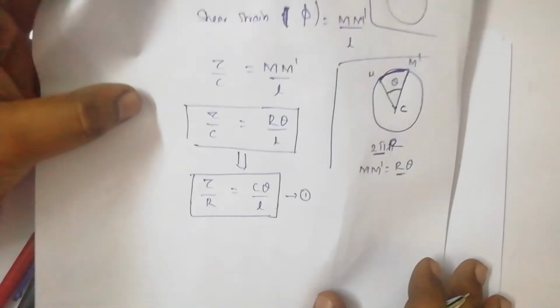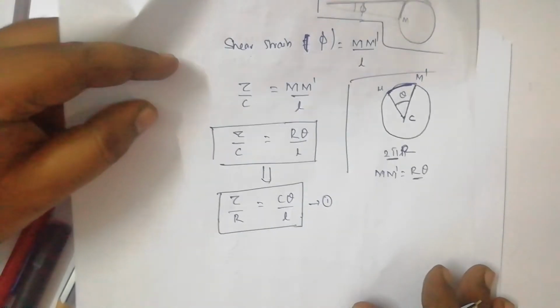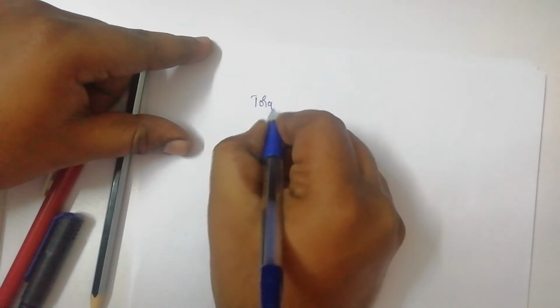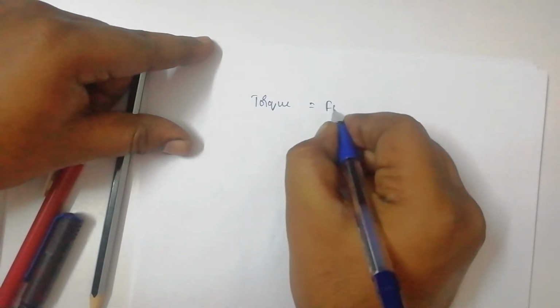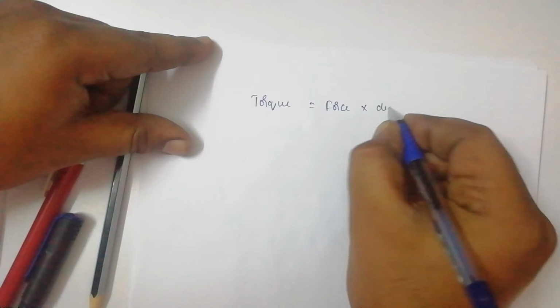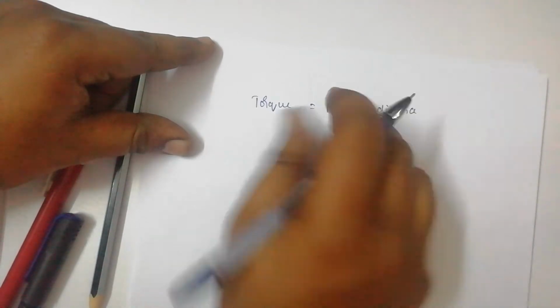With respect to this relationship which we have got, tau by r is equal to C theta by L, along with that we are going to obtain some torque. Obviously, when you are trying to twist your material, you will get some torque. Torque is nothing but force into distance, the same as moment.